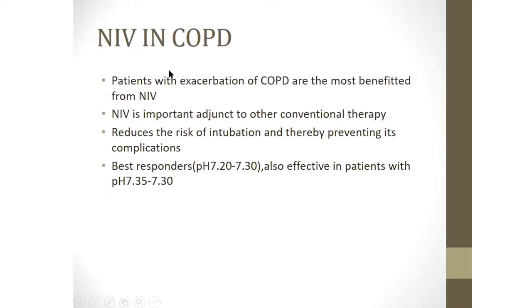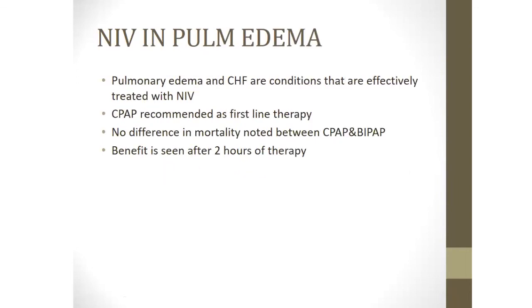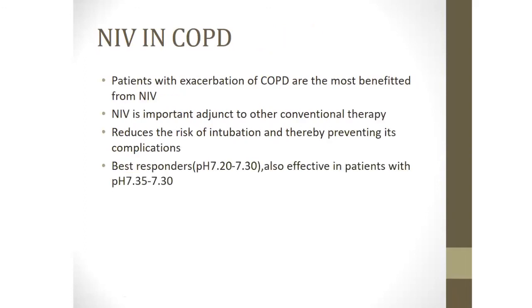The best responders are those who have a pH of 7.2 or more. It is also effective in patients with a pH of 7.35 to 7.30. But if the patient has a pH of less than 7.20, then you have to be very careful because NIV may fail and you may need to intubate that patient. Mostly, patients who have a pH of 7.20 or more will get the most benefit from NIV in COPD exacerbations.